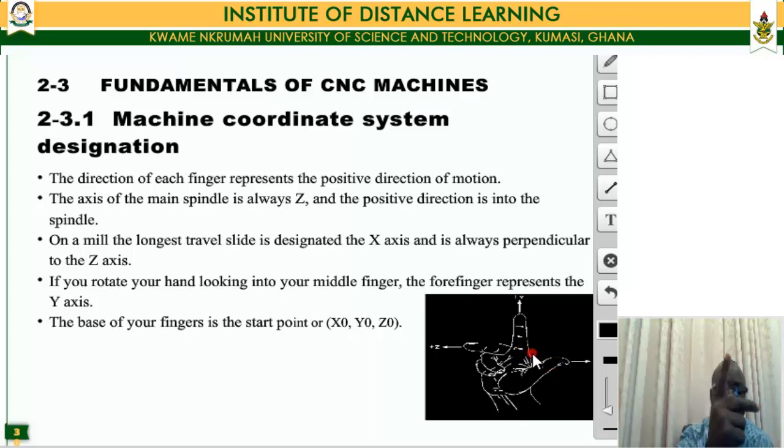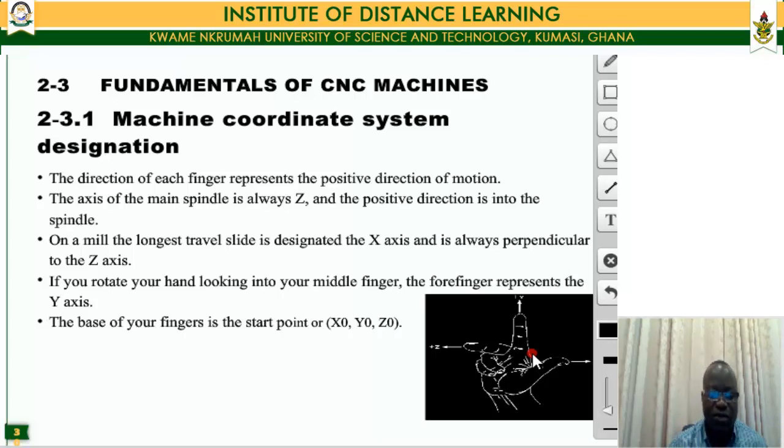If you orient your thumb, middle finger, and forefinger at right angles, the thumb faces you. That shows the direction of the x-axis, and the middle finger gives you the direction of the spindle axis when it comes to the CNC lathe machine.